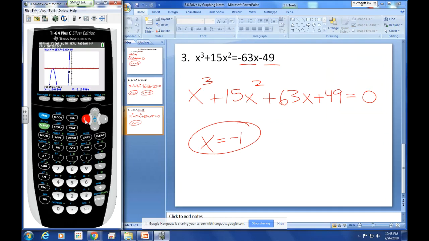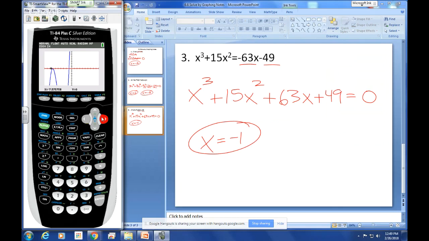It's weird that it jumped all the way back to the other one. I'm going to go past it to the other side, because there's no way it's going to jump past that to get to there. Okay, enter. Oh my goodness, it jumped past. Okay, so let me zoom in.